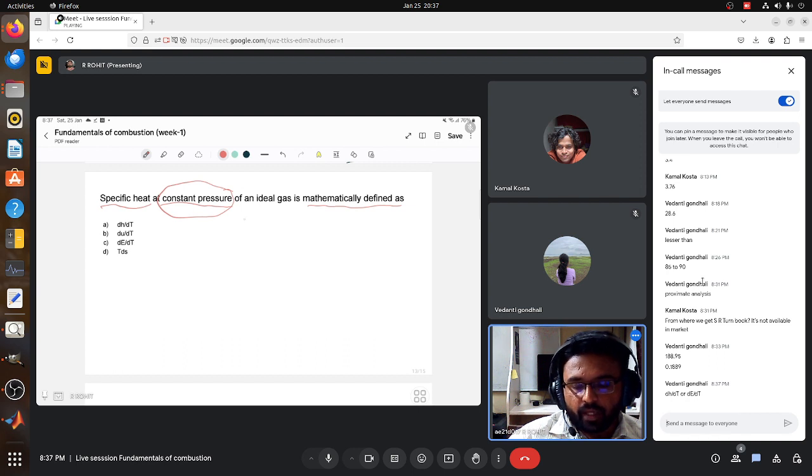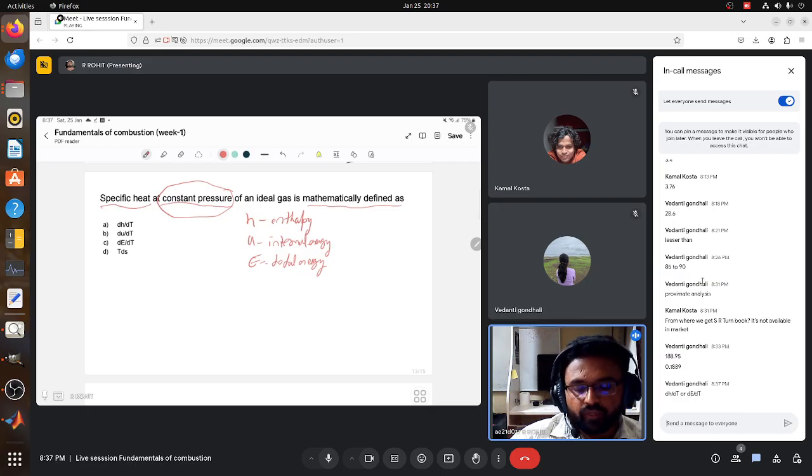Okay, so H here refers to the enthalpy. U refers to internal energy. And E refers to the total energy. T is temperature and S is entropy.